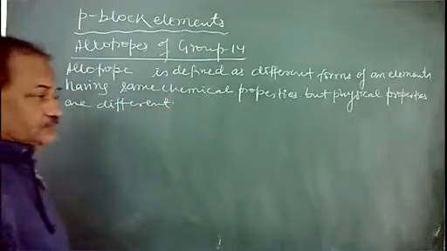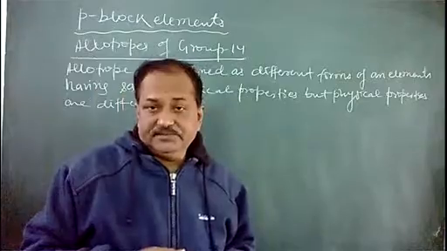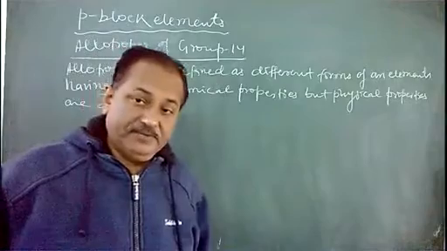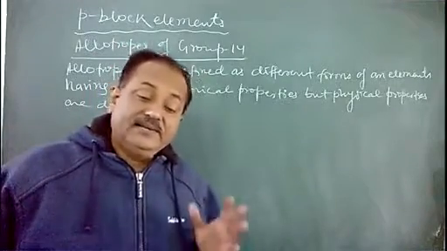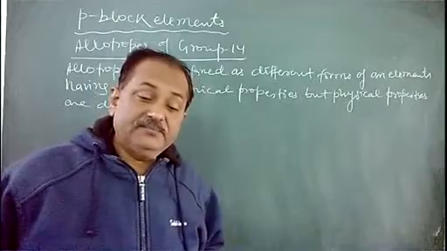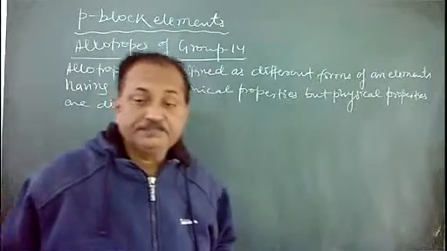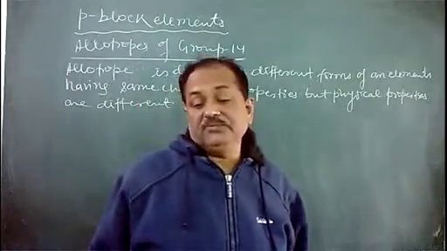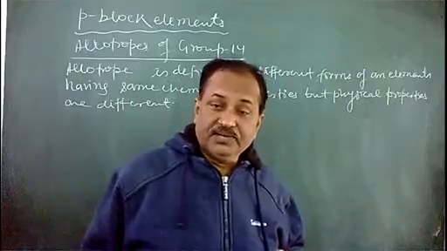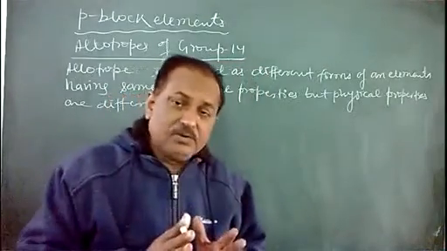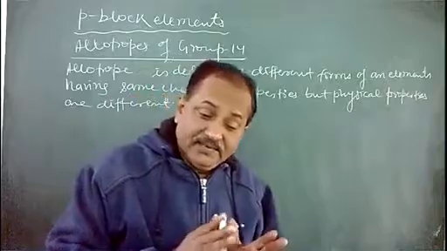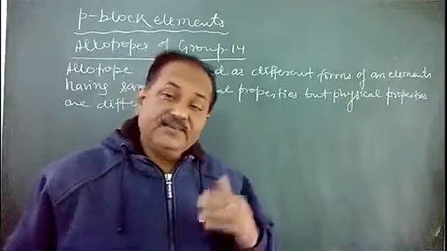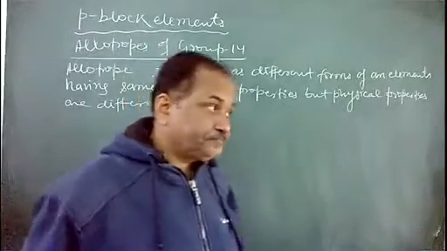Like children know, P block elements have the very important property of allotropy, and they form different allotropes. Most of the members of this group and this block form allotropes of different types. So children, any allotrope will differ completely in terms of physical aspect, but chemically they will be similar.